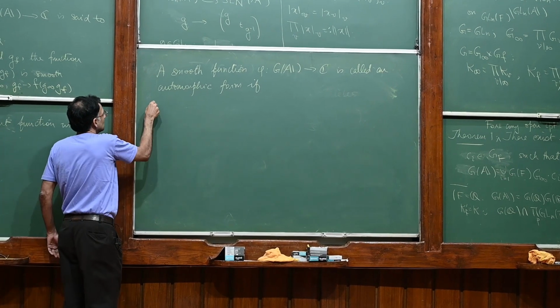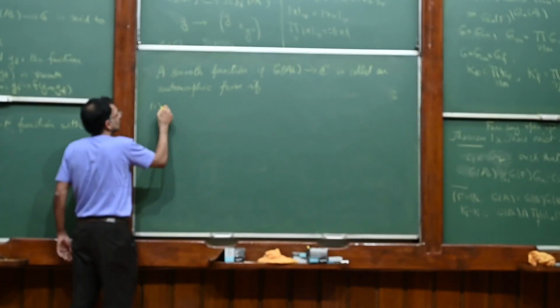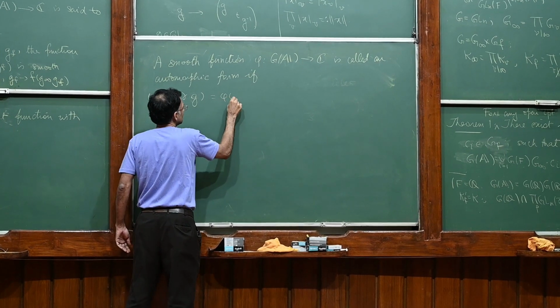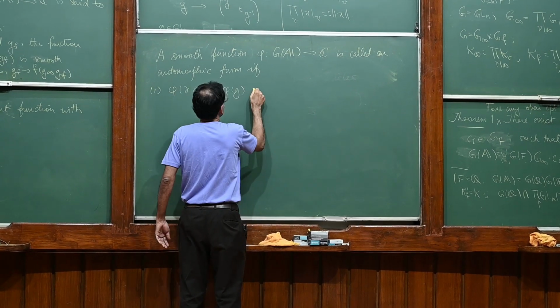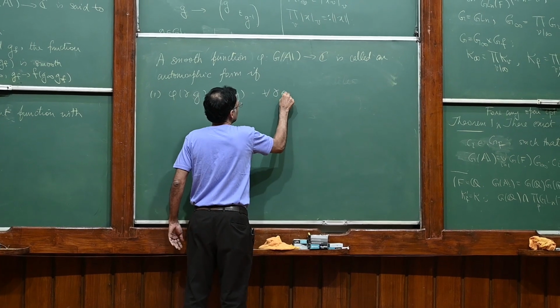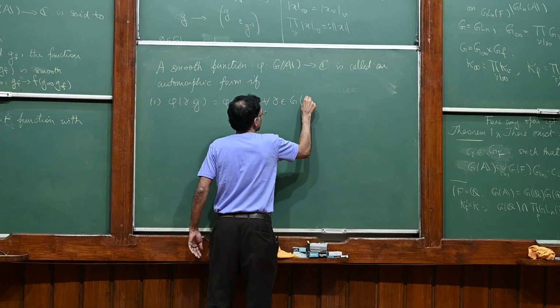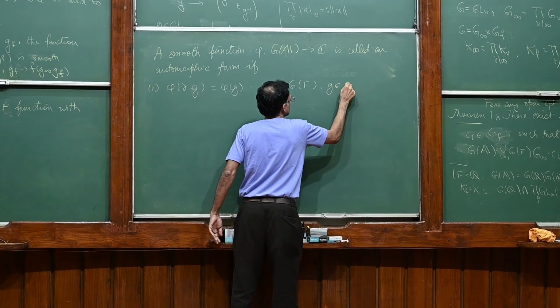One, phi of gamma G equals phi of G. So it is GF invariant on the left for all gamma in GF and GA.